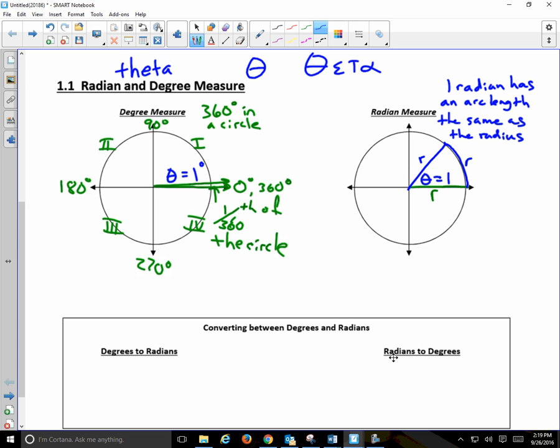Take a guess. 8? Anybody else? 6? Any other guesses? Okay, I think 8 and 6 are pretty good guesses. I'm going to try to draw this out. That'll be our first radian. And I'm going to draw this to the very best of my ability, okay? That'll be a second radian.